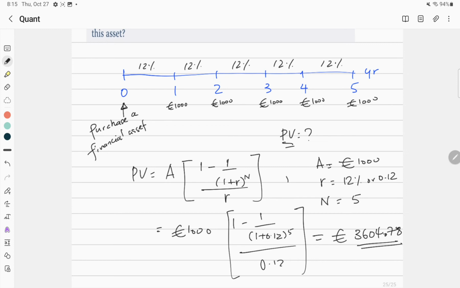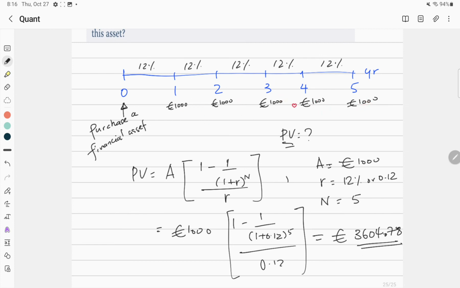So purchase this asset from a bank for about 3,600 euros, and at a 12% interest rate, at the end of each year you will be able to generate about 1,000 euros. So a thousand, a thousand, a thousand, in 5 years, 1, 2, 3, 4, 5.